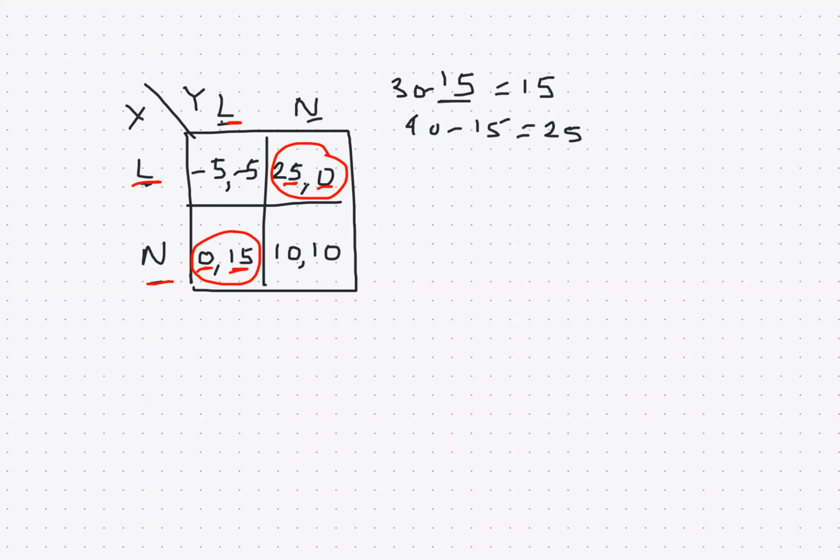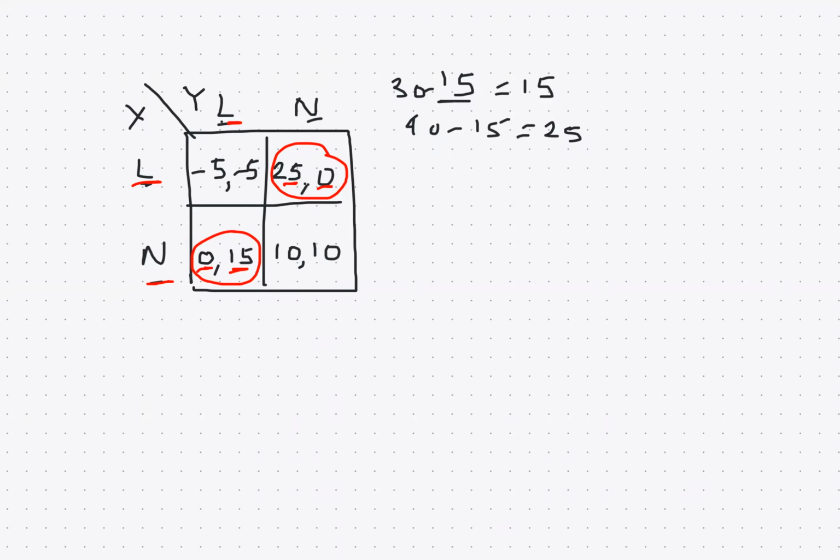So how can firm X's strategies, L and N, yield the same expected payoff? It must be that firm Y's behavior generates this expectation, because if firm Y played a pure strategy, then X would strictly prefer one of his strategies over the other.